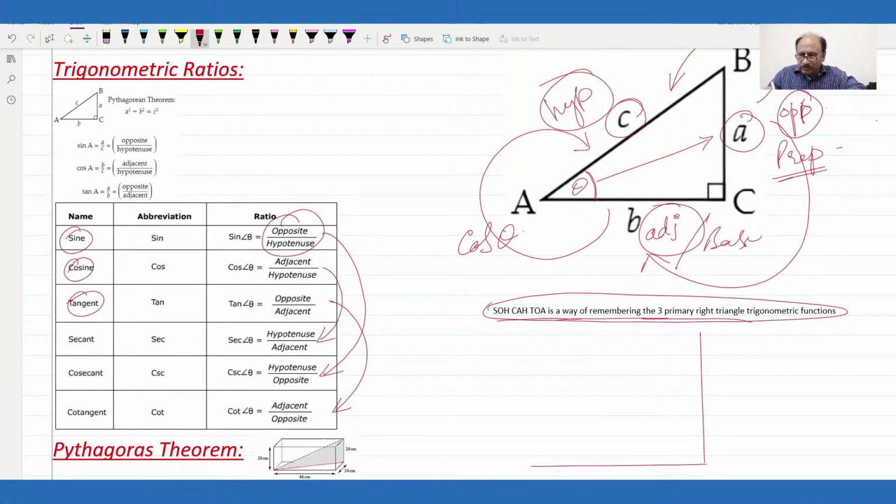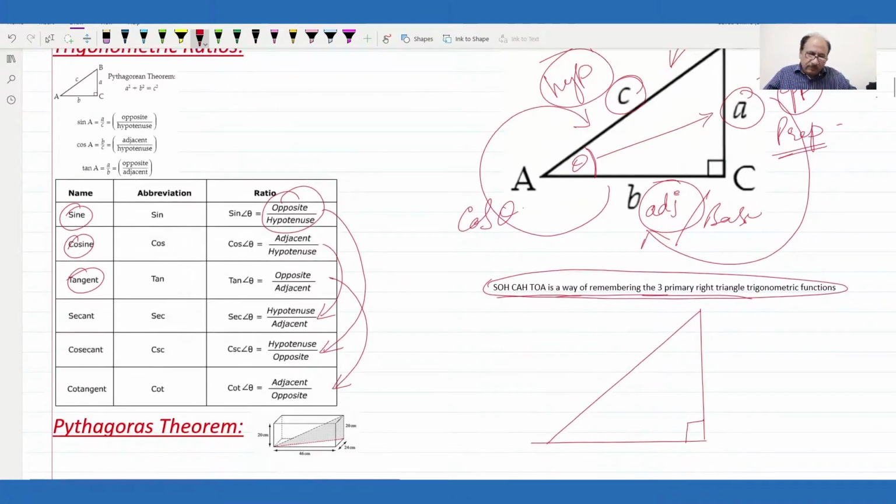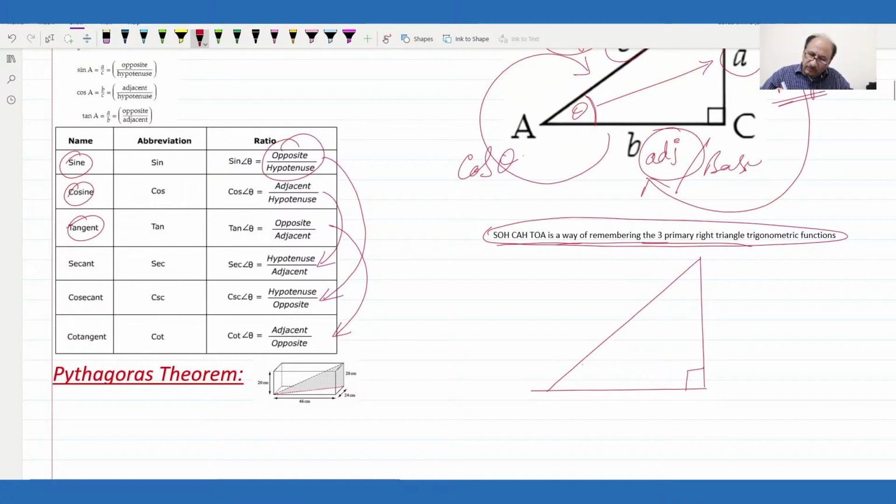So if I quickly draw a right angle triangle for you, and this is 90 degrees, this is the hypotenuse, or we can say this is the lengthiest side, and you will always have to take this. If we take A, B, C, the side opposite to the right angle will be C, and this one opposite to B we can take as b, and opposite to A we can take a.